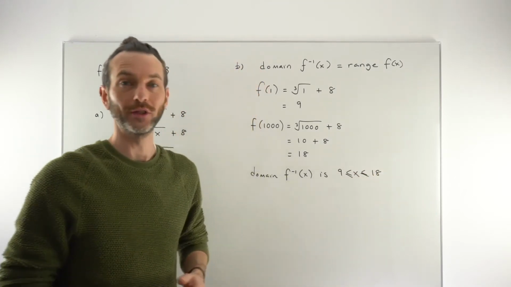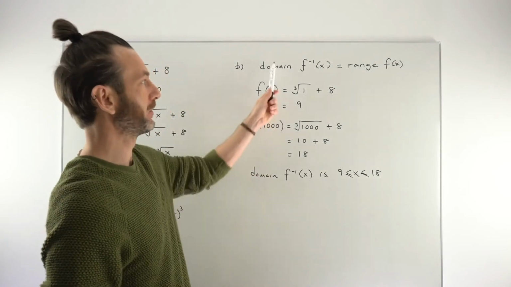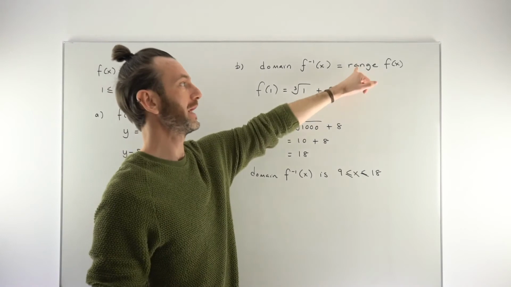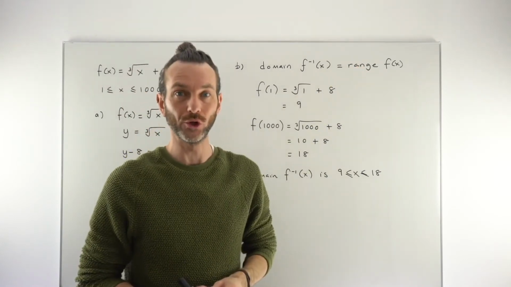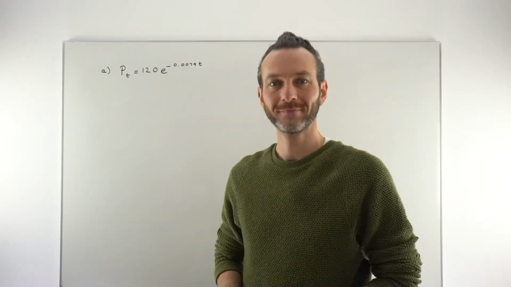Not a very common question that, I mean, domain questions are common, but in this question you're being asked to find the domain of an inverse function, which basically you've got to do by finding the range of the original function. So slightly more into the realm of problem solving, that one.